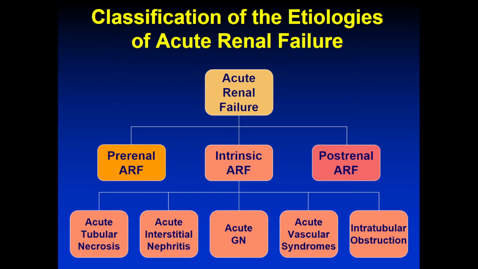And the intrinsic acute renal failure divides in few types. Now you see 5 types. The first is acute tubular necrosis, the next acute interstitial nephritis, then acute glomerulonephritis, acute vascular syndromes, and at last intratubular obstruction.